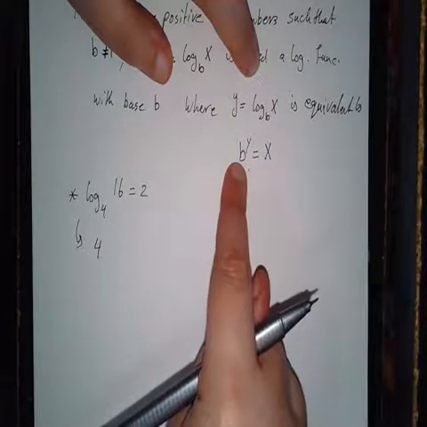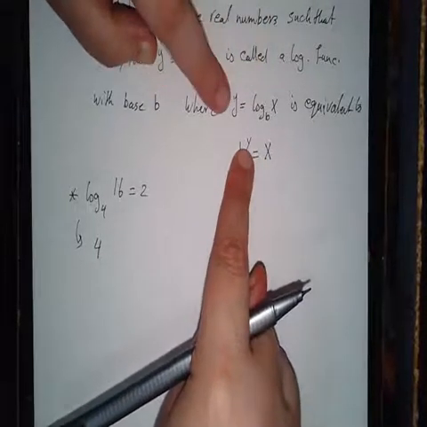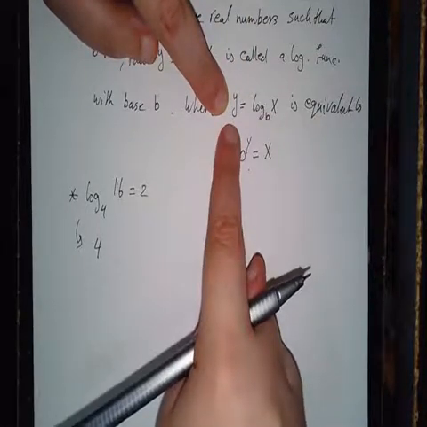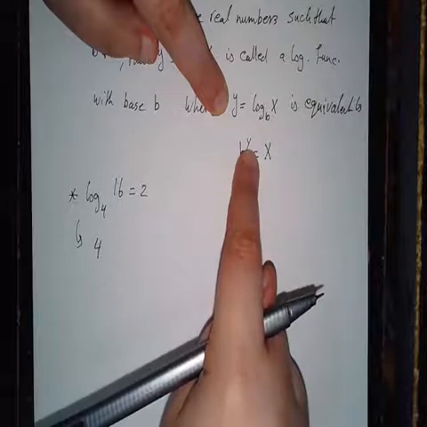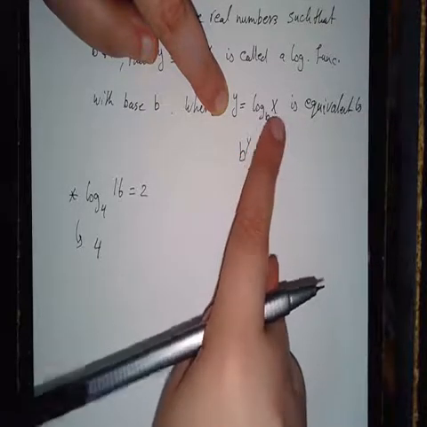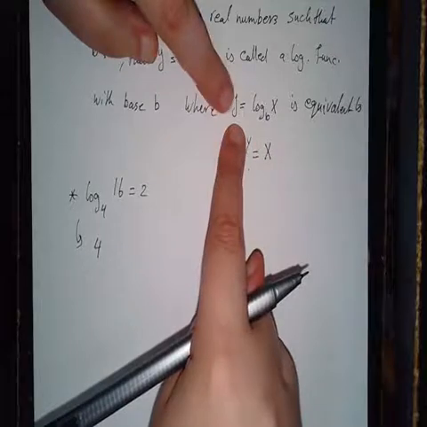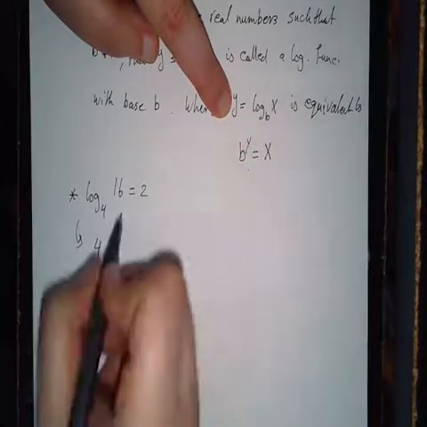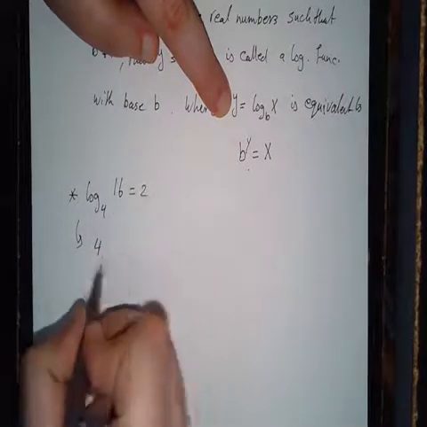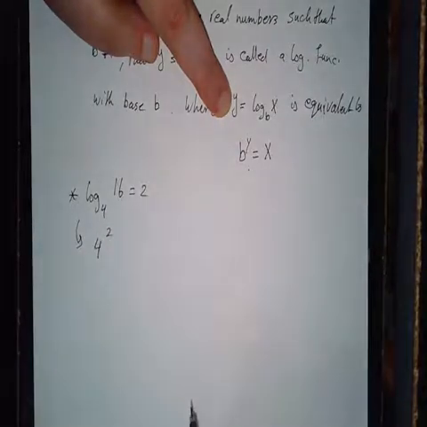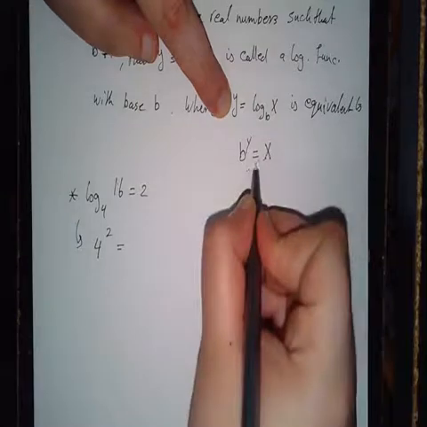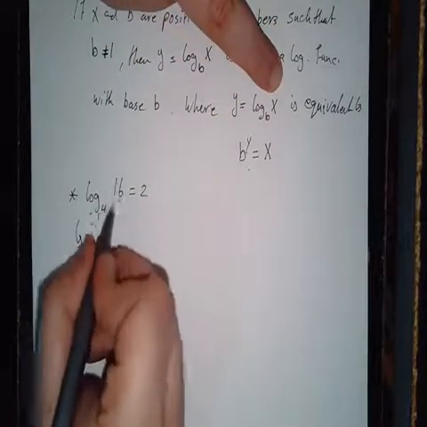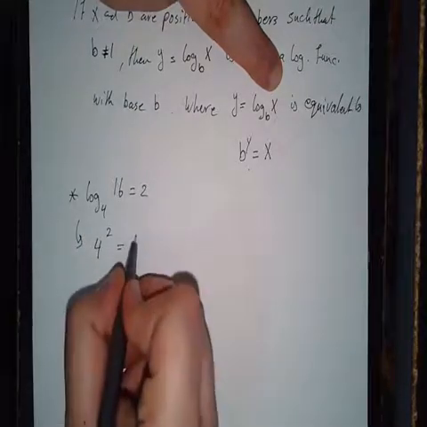The exponential form has b to the power of y, which is right here. So the answer of whatever the log is, y, is the power. Whenever you're finding a log of a value to a certain base, the answer is actually the power. Alright? So, y over here. Since the answer to this log is 2, it's 4 to the power of 2, and it equals x, which is the value you had inside the log, which is, in this case, 16.